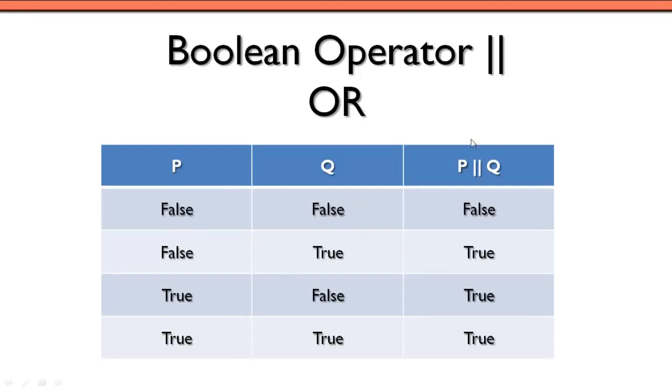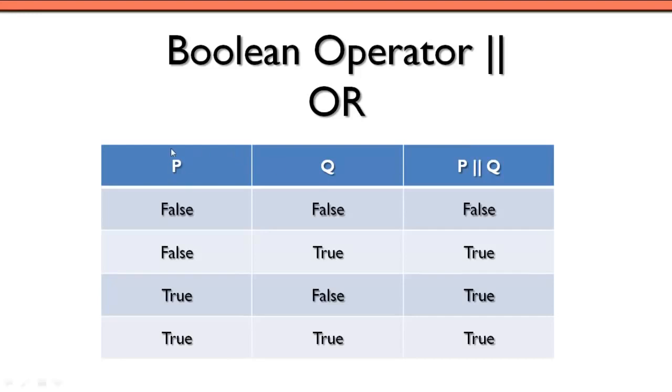So an example of where we may use the OR operation is to test to see if two individuals can get on a ride at an amusement park. And maybe the stipulation for this ride is that you have to be 18 years old or older in order to get on the ride, unless you're accompanied by an adult. If you have a kid and their parent that's 18 years of age, then the kid would be able to get on the ride.